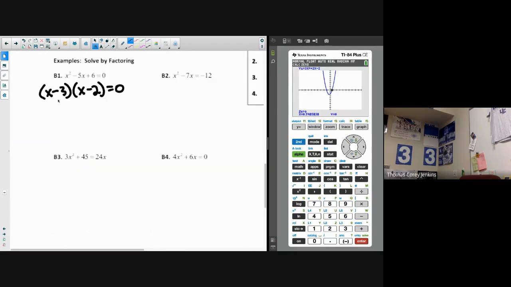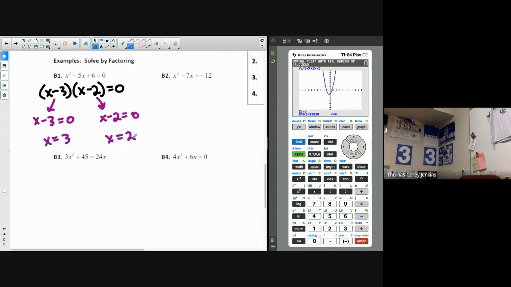So in your mind, you're thinking, I'm going to solve x minus 3 equals 0, which tells me that x equals 3. And also x minus 2 equals 0 tells me that x equals 2.